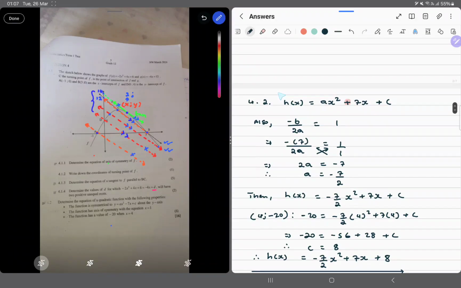Perhaps here we can say let the function be h, okay, such that this is the statement that should actually be here.